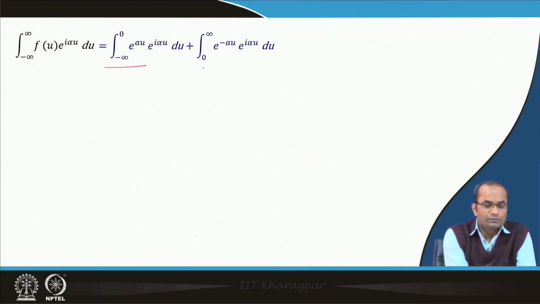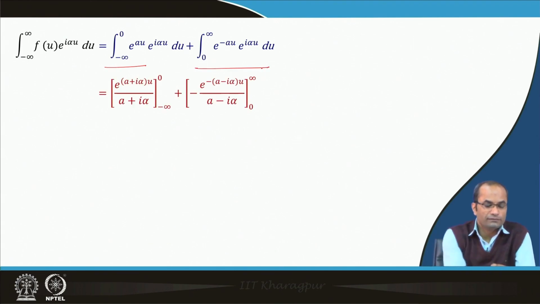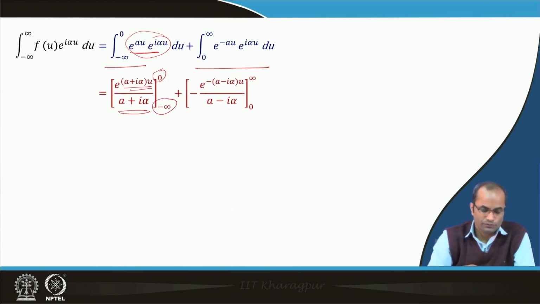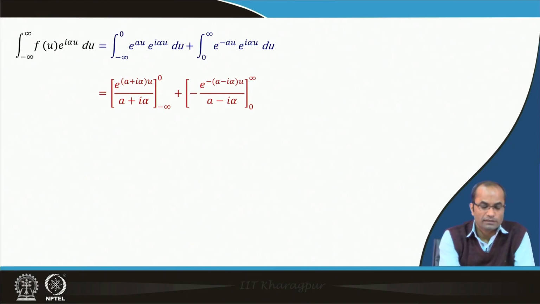So, we have these two integrals, and the first one we can combine because it is an exponential function. So, e power (a plus i alpha) u, and when integrated, we have a plus i alpha in the denominator, and e power (a plus i alpha) u, and the limits we have to substitute from minus infinity to 0.